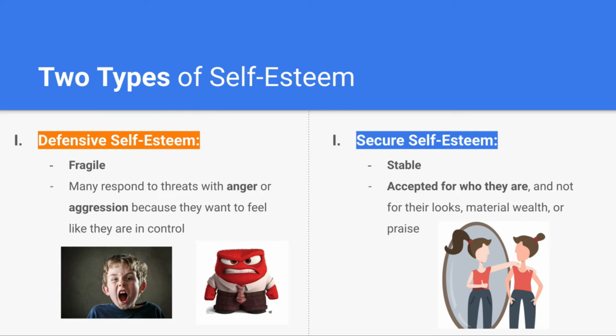But let's also understand how, by recognizing this dark side of self-esteem, psychologists identify two types of self-esteem: defensive and secure. Defensive self-esteem is fragile. Defensive people may respond to threats with anger or aggression because they want to feel like they're in control. Secure self-esteem, on the other hand, is stable. To feel accepted for who we are and not for our looks, material wealth, or praise relieves pressure and can foster a positive environment for growth.